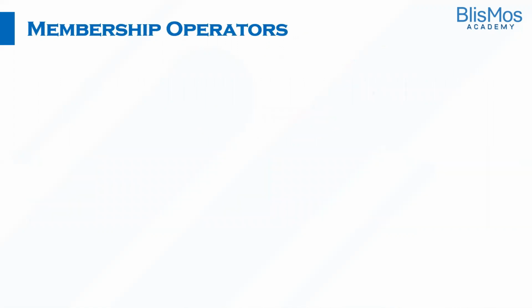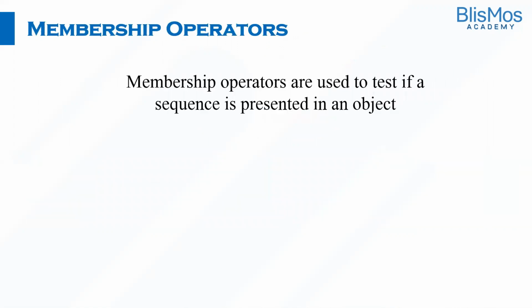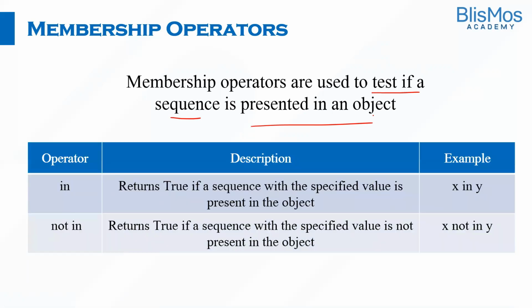We do have membership operators. What are membership operators? Membership operators are used to test if a sequence is present in an object or not. What does it mean? Sometimes you have a sequence, and within that you want to check whether a particular value is present or not.